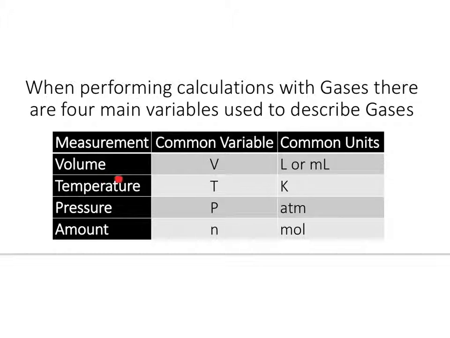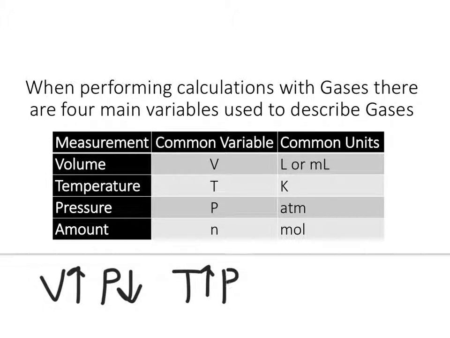Higher temperature gives higher pressure. And with more gas, we have higher pressure. So as volume goes up, our pressure will go down. As temperature goes up, pressure goes up. And as amount goes up, our pressure will go up.